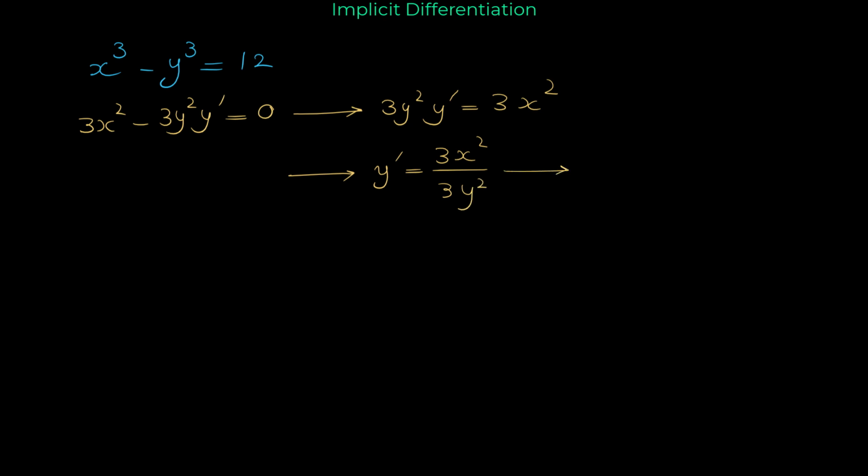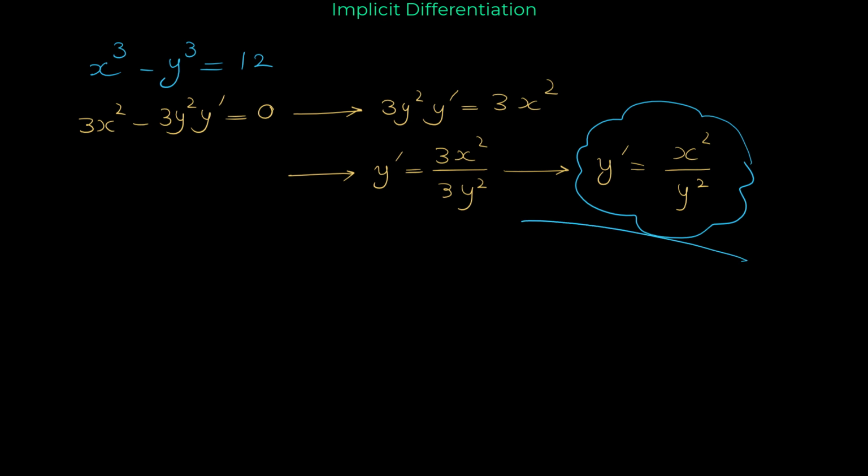The 3 with 3 cancels, so finally we have y prime is x to the 2 over y to the 2. This is the first derivative, or y prime. But we want to find y double prime. For finding y double prime, we differentiate both sides of this relation again with respect to x, and we use quotient rule and implicit differentiation technique again.